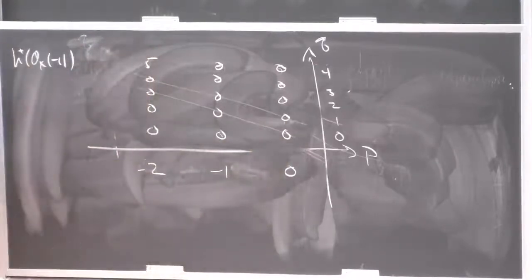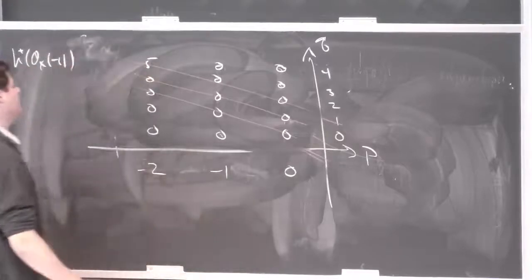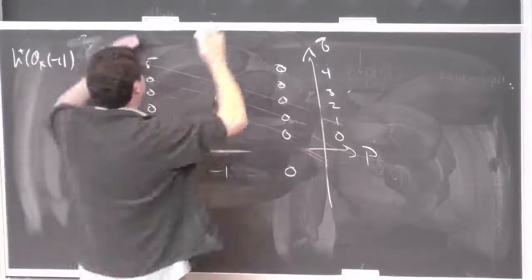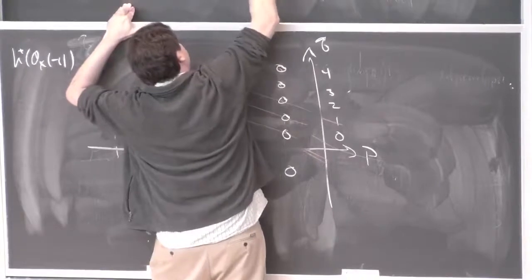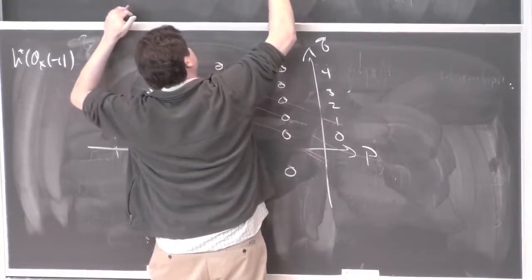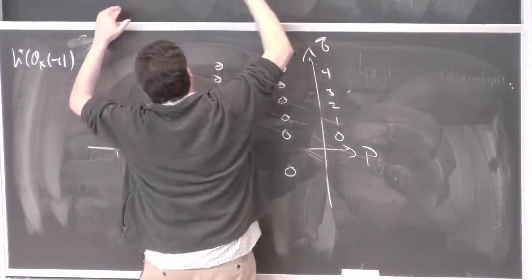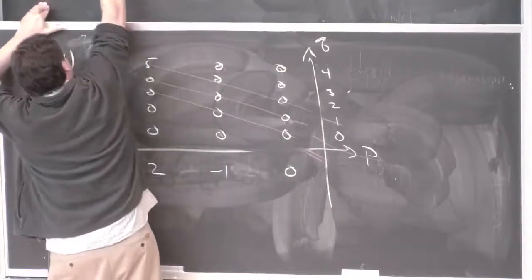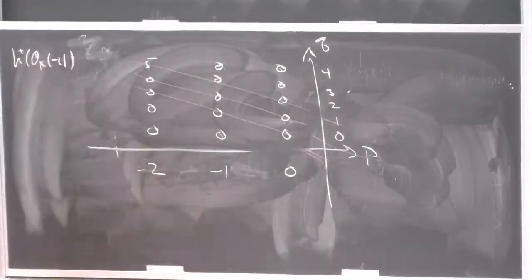Well, so this is already, there's nowhere at all for the boundary maps to go. And so I find that this must be 0, 0, and 5. Questions about that? So the next one is going to be more interesting.